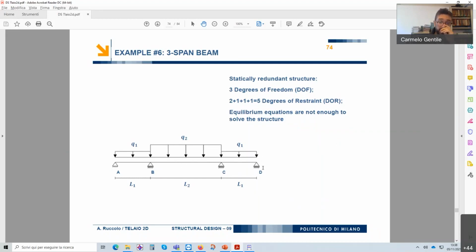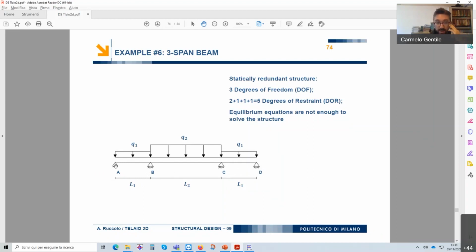In this case, it is a highly redundant structure because we have these 2 elements that are not necessary, basically, let's say. It could resist using only these two supports, because it is statically determined. The presence of these other supports makes the structure much stiffer, obviously, and so reduces the deformations.